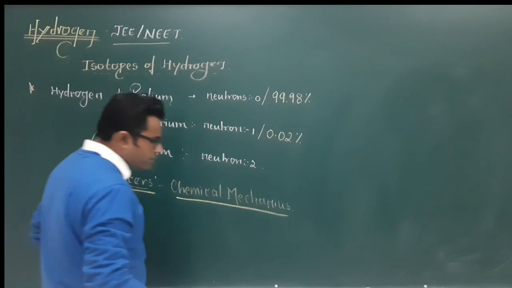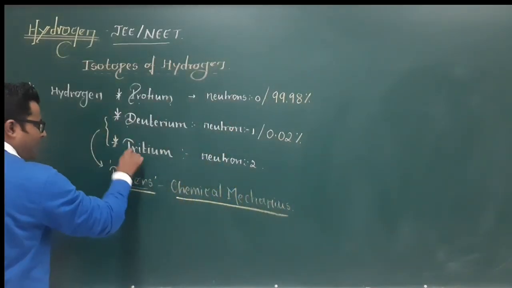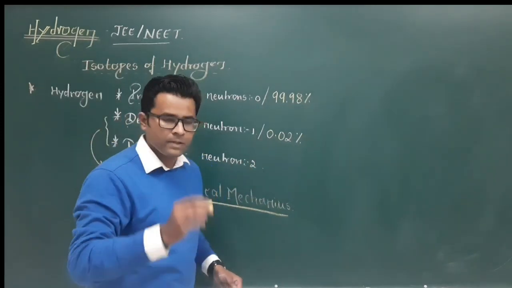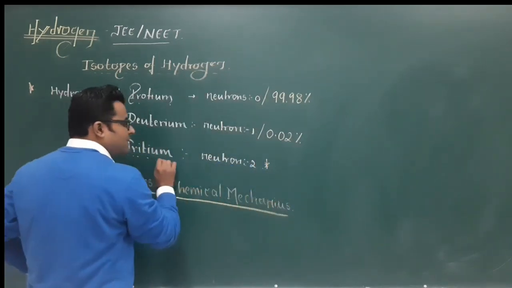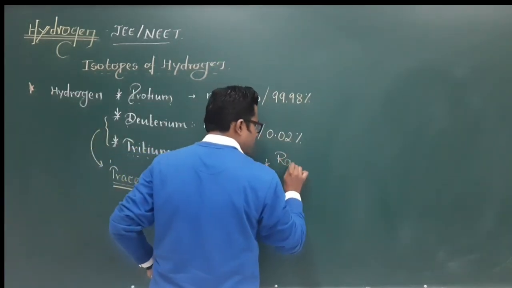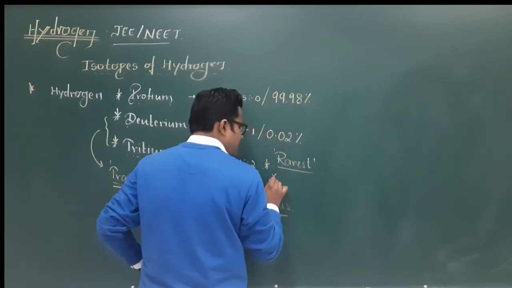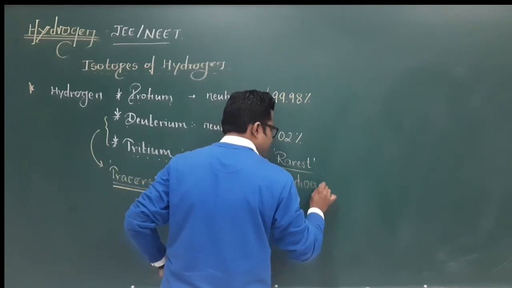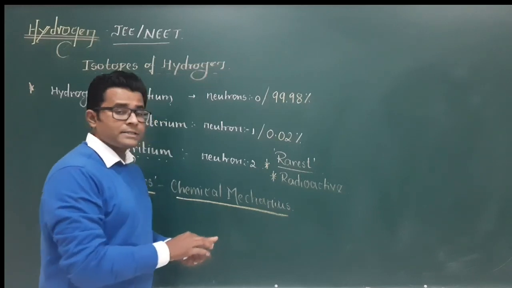Okay, so deuterium and tritium are usually used as tracers in chemical mechanism. Third important thing that we have to remember is that tritium is the rarest of all, and it is also radioactive in its nature. Correct?